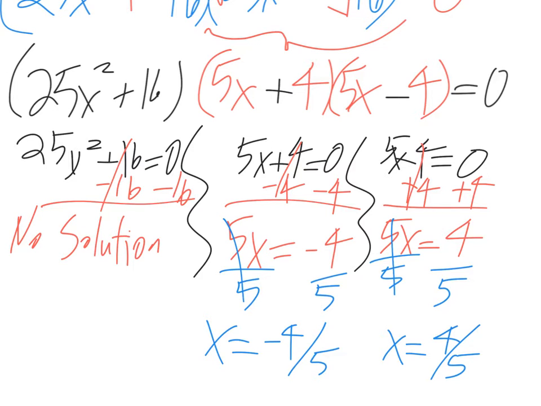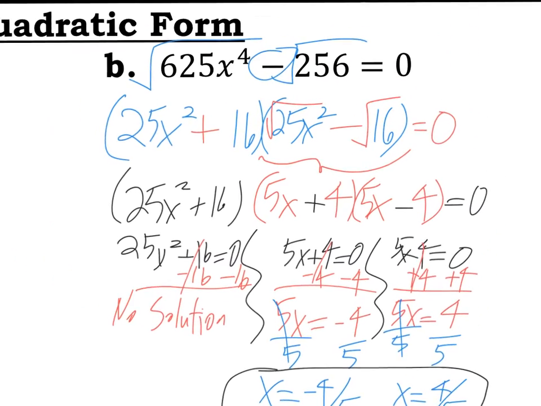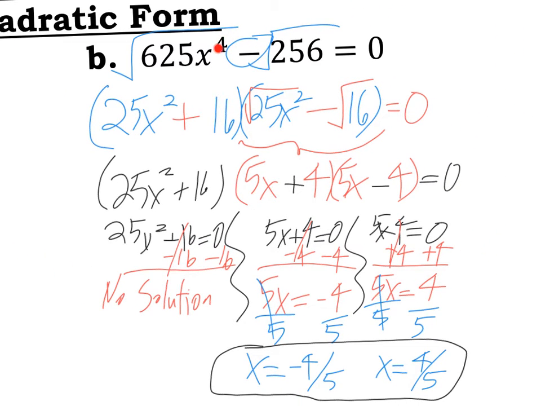These are my two answers. It's not like it's always going to be two answers. Technically speaking, whatever your degree is, this is a degree 4, that tells you how many possible solutions you could have. This could intersect with the x-axis up to 4 times, but it just so happened on these two examples it just intersected twice. All right, so let's move on to the next section of the notes.